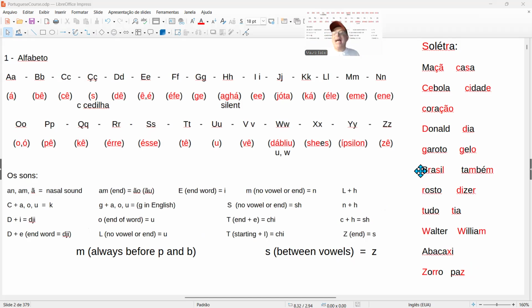Repeat, paz. Again. What is the meaning of paz in Portuguese? Peace. Peace and love.